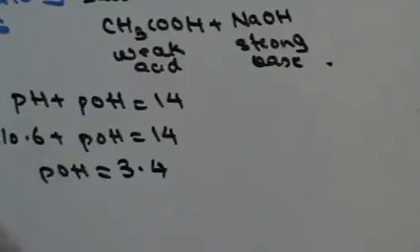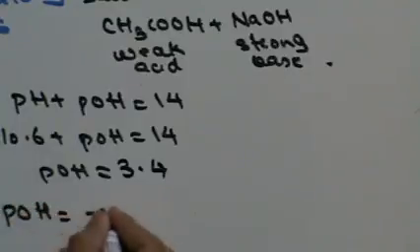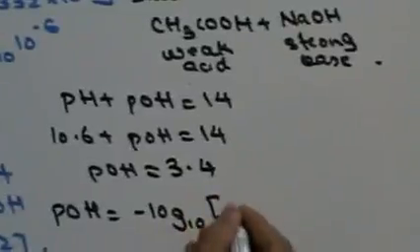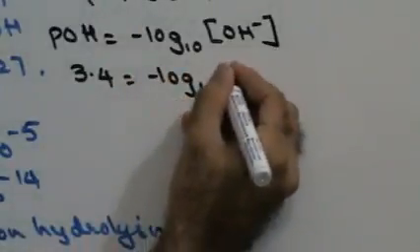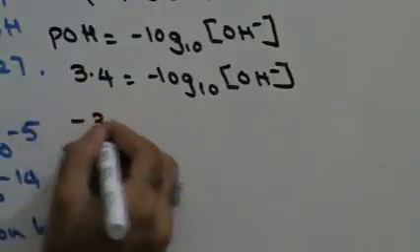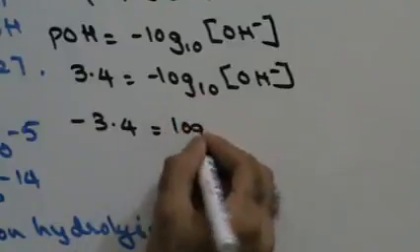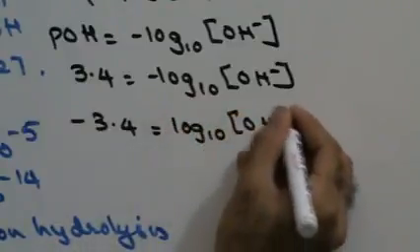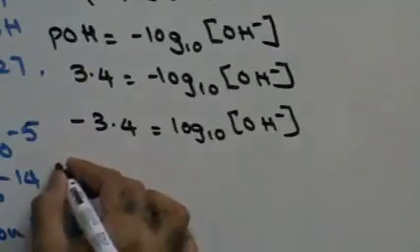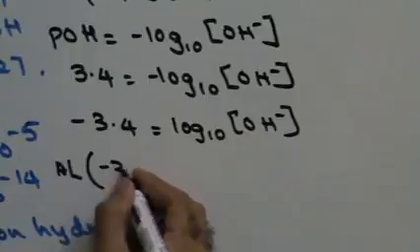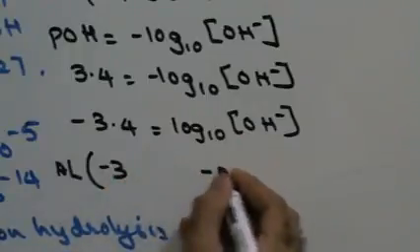But we know that pOH is negative log to the base 10 of OH negative ions. So I can say 3.4 is negative log to the base 10 of OH ions. Take the minus sign on the other side. Negative 3.4 is log to the base 10 of OH ions. Take the antilog on the other side. Negative 3.4, guys, can be written as negative 3, negative 0.4.